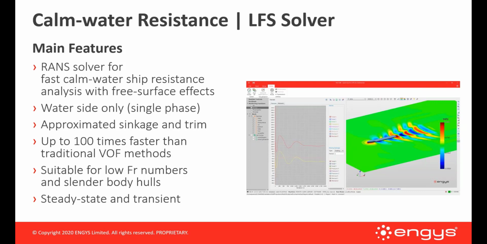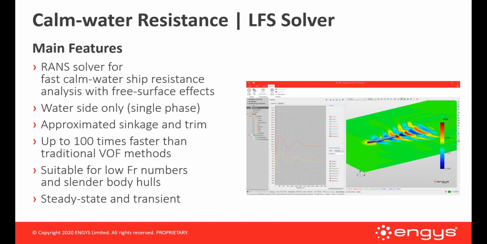Well, traditional methods are based on fully viscous RANS solvers like VOF, which is a well-established method in naval ship hydrodynamics. But for certain cases, for a certain range of application, we want something quick and fast to run, to have a quick assessment of the performance of the hull.